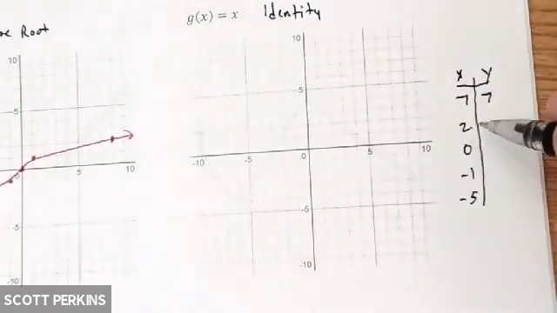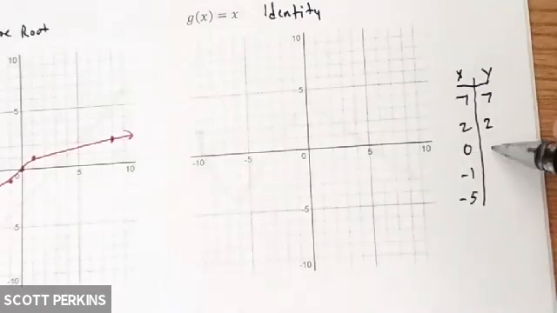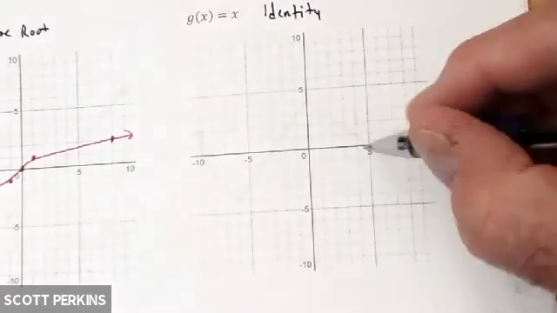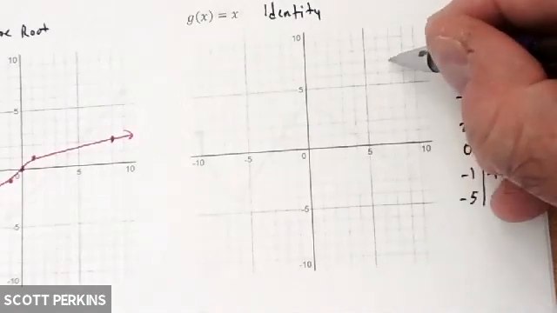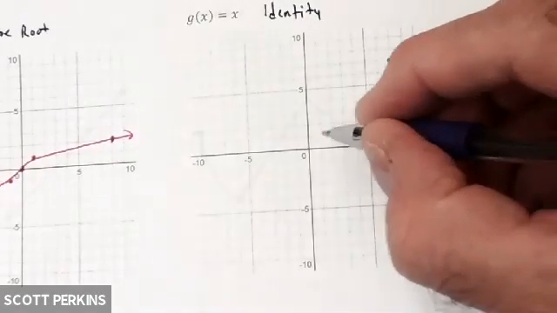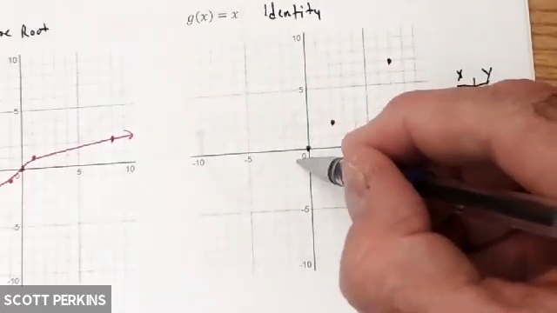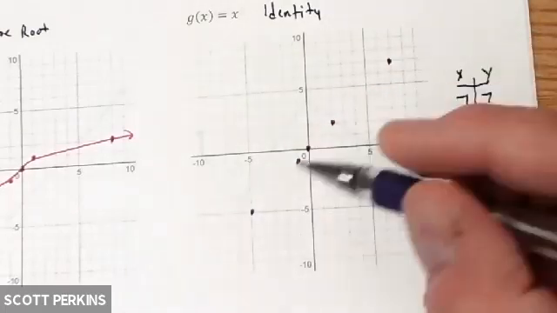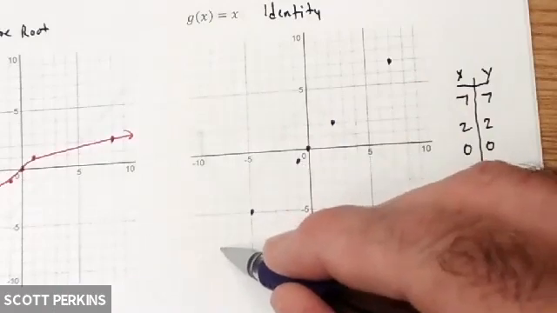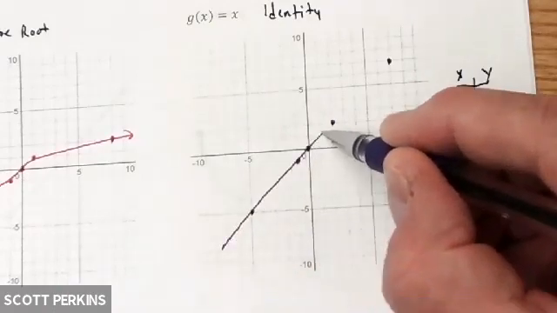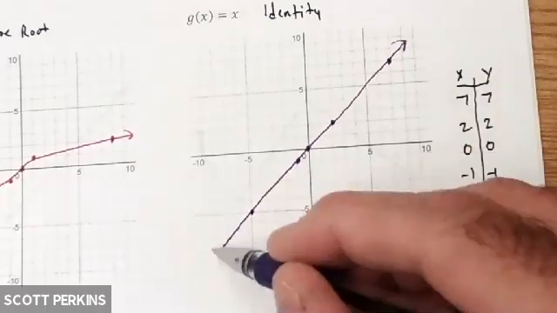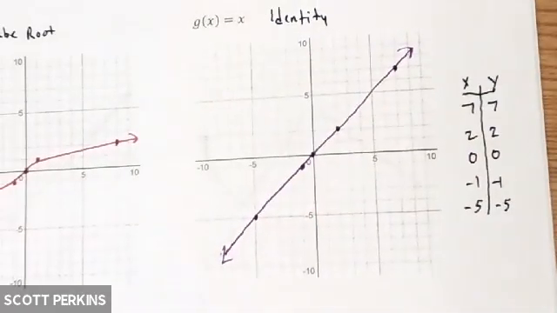When I plug in 2, I get 2, 0, -1, -5. So I'm going to plot these points: 7 and 7, 2 and 2, 0 and 0, -1 and -1, and -5 and -5. I don't have a straight edge with me, so you're going to have to pardon me. But not too bad of a line for a Monday freehand. There we go.